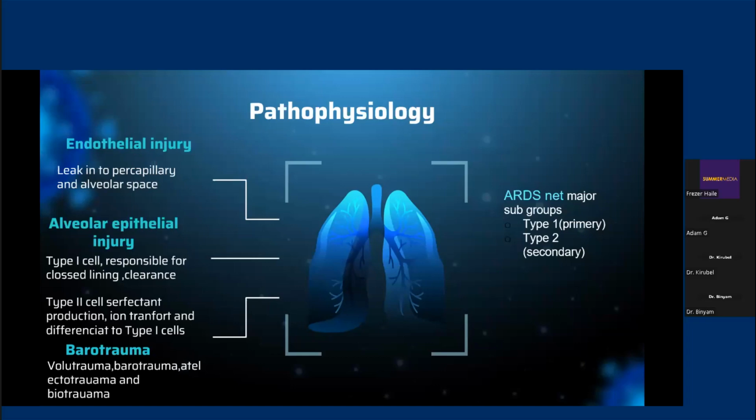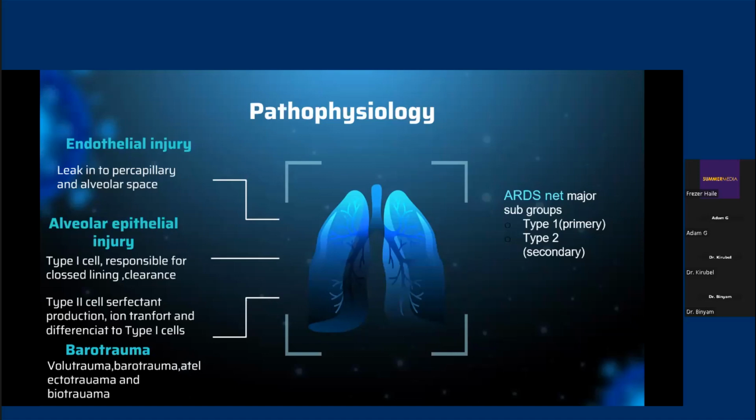Okay, the other remaining one is the barotrauma-related pathophysiology, especially what is called ventilator-associated lung injury, particularly when there is a larger volume, greater than 10 ml per kg. Previously, they used larger tidal volumes, 10 ml up to some 12 ml. These larger volumes induce inflammation, which is typical of ARDS, so the patient will end up with worsening of the already existing lung problem or creating his own issues.